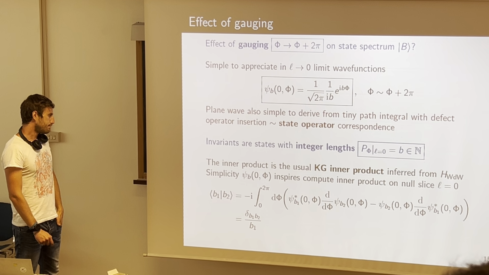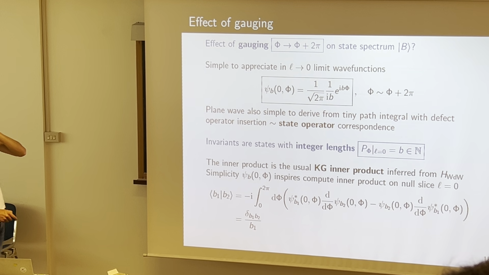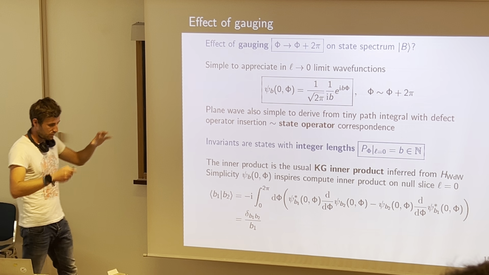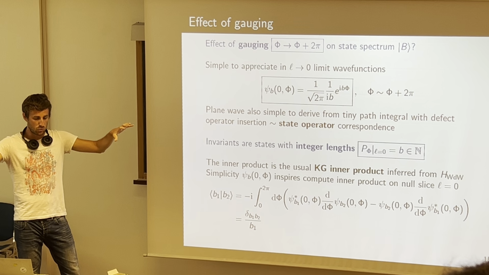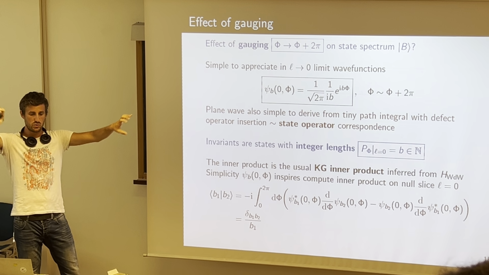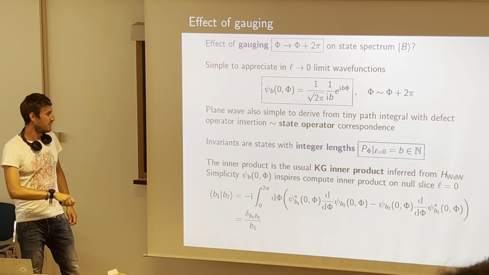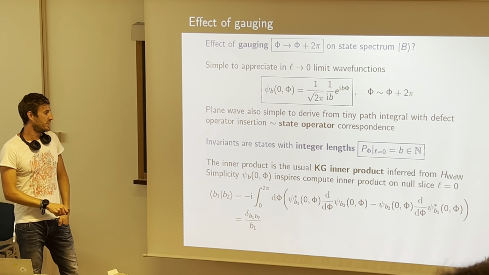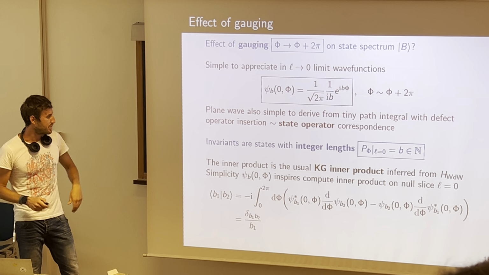Let me also say something that will be useful later, because once I have these trumpets, I will want to construct the cylinder amplitude, the wormhole. So I would want to glue two trumpets together along their common geodesic in the middle. But in order to do that, I need to know what's the identity operator in this Hilbert space.